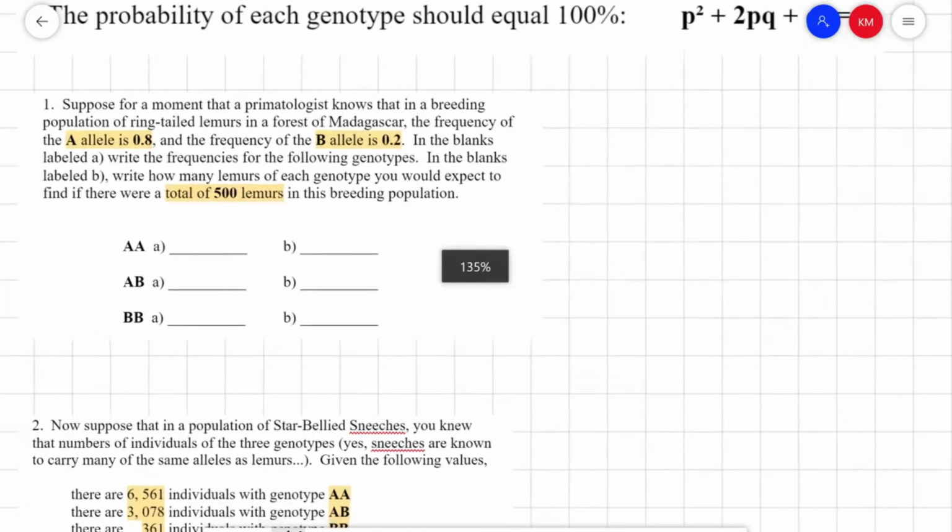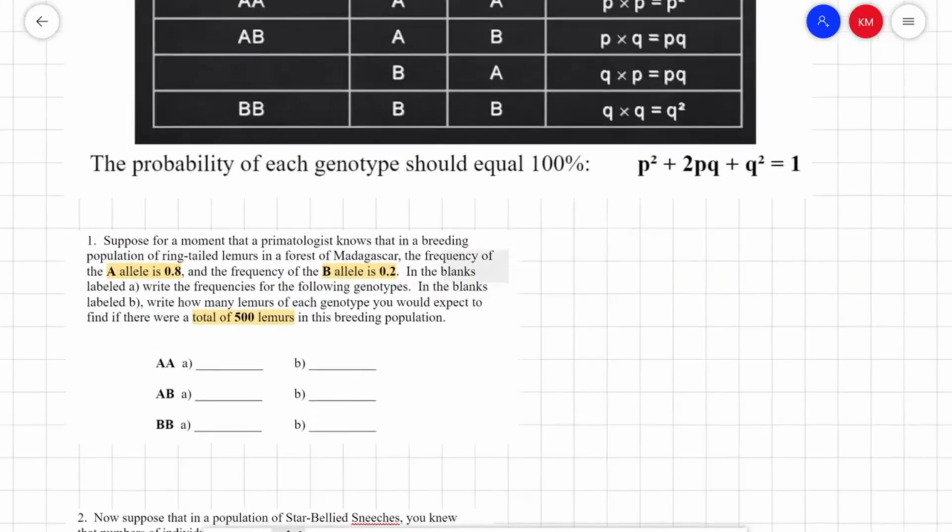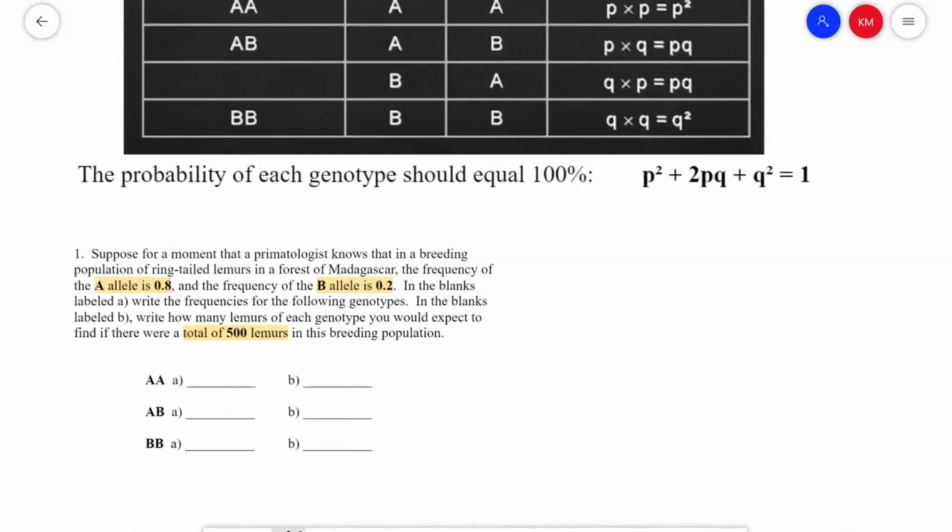So we're going to be using these equations up here. I like to start with the homozygous genotypes, so AA and BB. We see that their equations are over here. P times P, which is P squared, and Q times Q, which is Q squared.